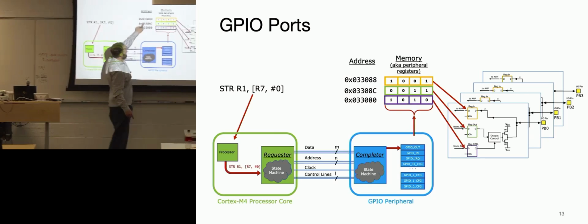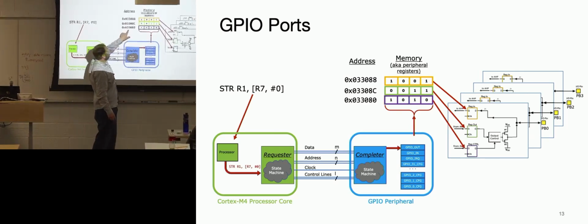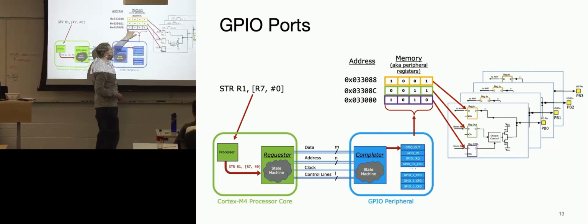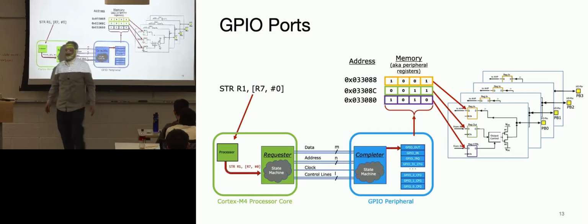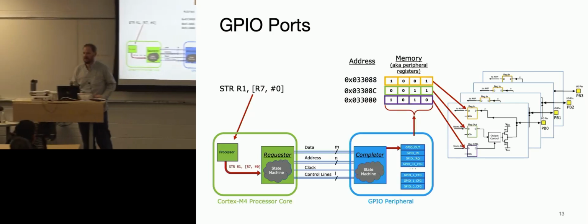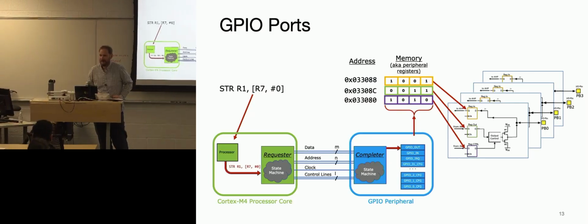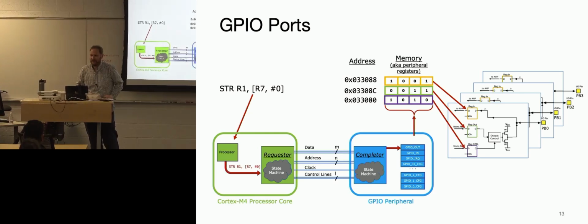That is baked into these addresses. So we're going to say that you can only write to addresses that are not in the reserve space, that are in the peripheral space, and those addresses represent these registers right here, the state holding elements that are inside your device. Even though we have address from the processor and address from the GPIO peripherals, they're essentially from the same big block of addresses.